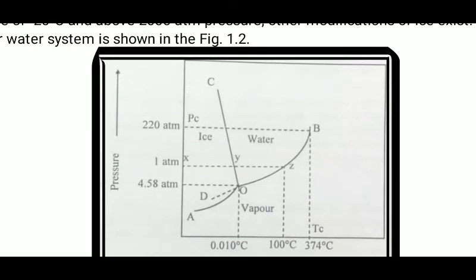See your figure. It is divided into three areas. In AOC, the water exists only in the ice form, whereas in COB the water exists in the liquid form, and in the area AOB it exists in the vapor form.